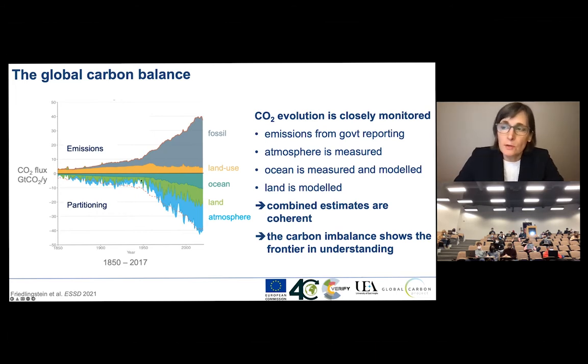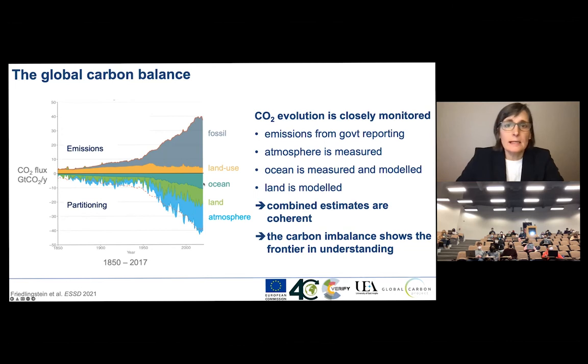At the bottom of this graph, you see the mirror of these emissions, which is where the emissions go in the environment. I mentioned already the atmosphere, the terrestrial biosphere, so the land, and the ocean, and you see here their evolution through time. The atmosphere change is measured.